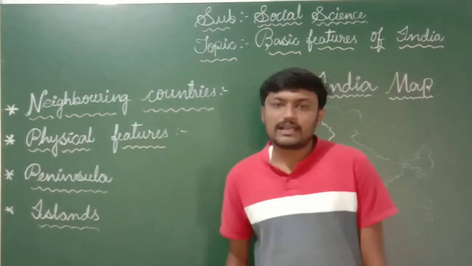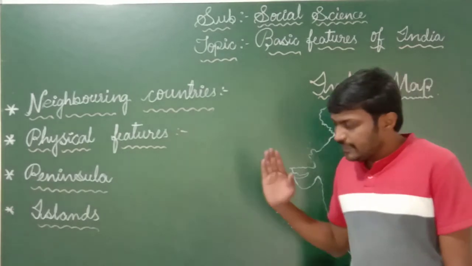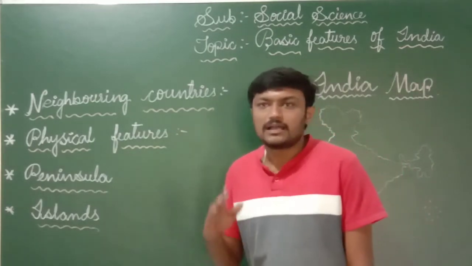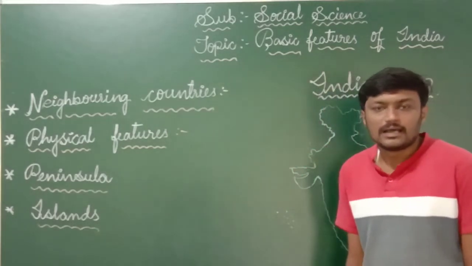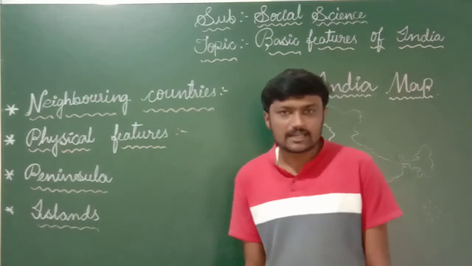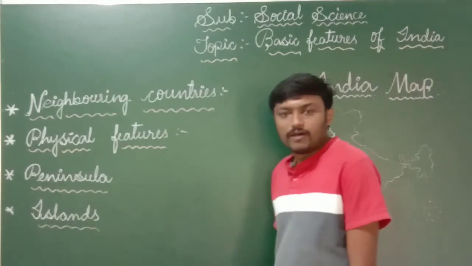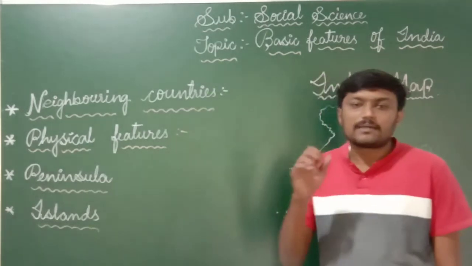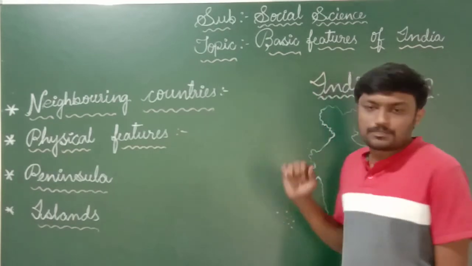I think you are very familiar with our Indian map and also our globe. India lies in the northern hemisphere of the Asian continent, and India is the seventh largest country in the world in terms of land space.